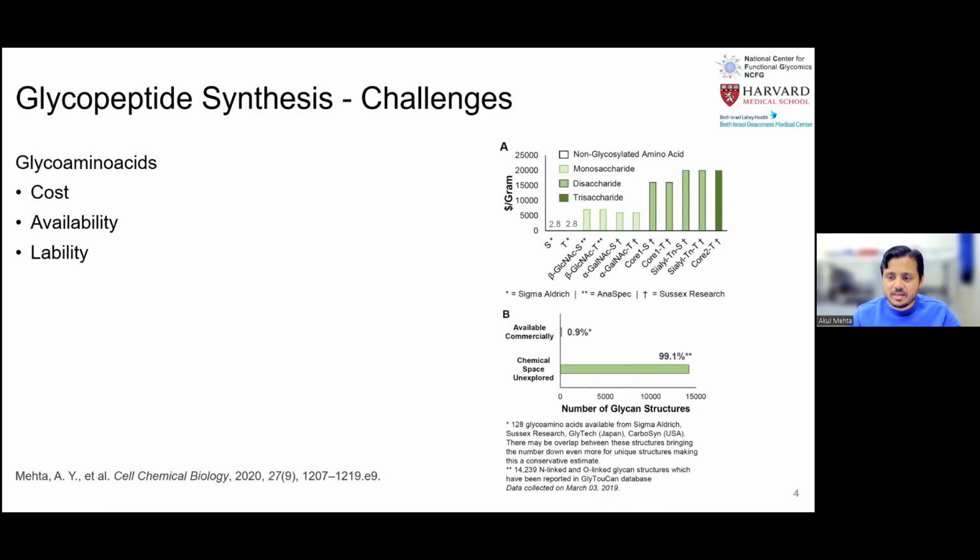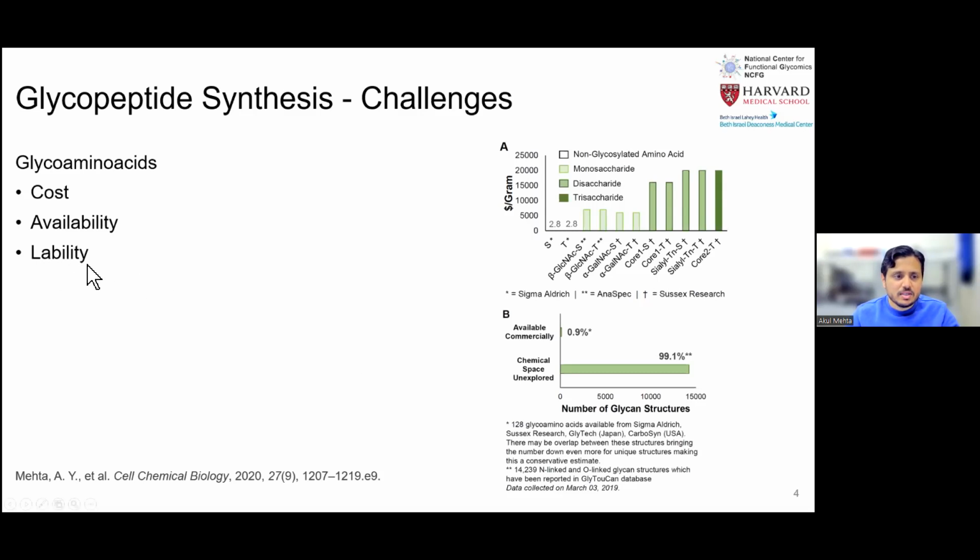But just to give you an idea, there are only 128 glycoamino acids available from Sigma-Aldrich, Sussex, and Glytech. These are the major vendors for glycoamino acids commercially. So that's another issue: whatever reagents you make chemically in your labs, or obtain from others, are a very rare resource, and you want to use them in a careful manner and at the same time get the maximum information out of them.